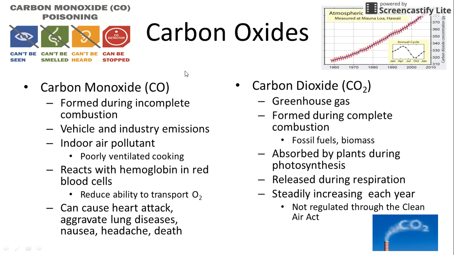Carbon monoxide comes from vehicle emissions mostly, but also from industry. Like I said, when you're burning fossil fuels, we do get carbon monoxide emissions. And carbon monoxide is a very common indoor air pollutant, which is why we should have carbon monoxide detectors around our home. In underdeveloped countries, you have poorly ventilated wood burning stoves used for cooking, and you end up with a lot of carbon monoxide.